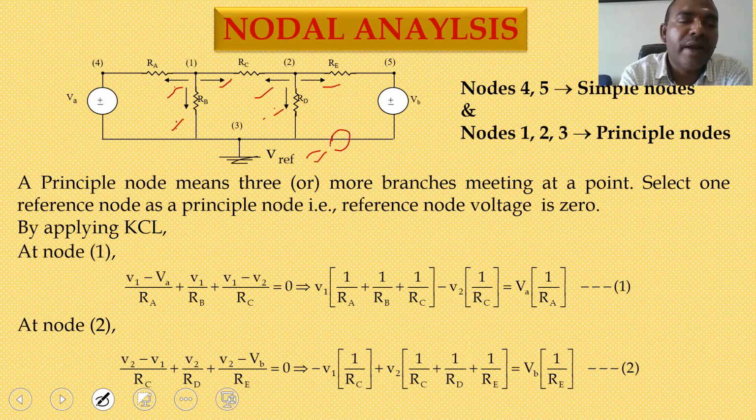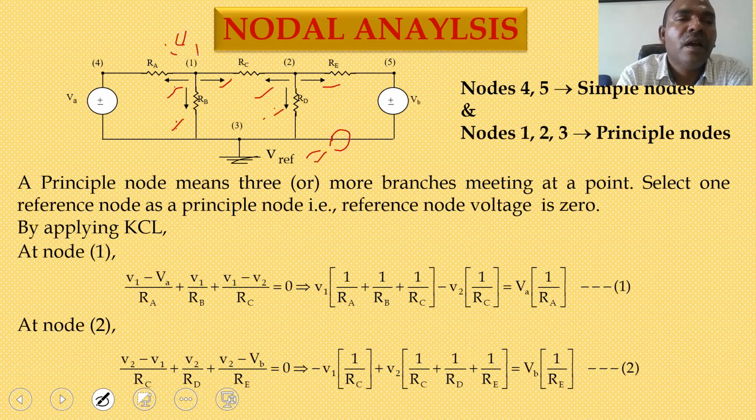So now I am writing the first node equation. Node voltage V1. For this V1, I am writing the expression for Kirchhoff's current law. V1 minus VA divided by RA, that is the first current. Second current, V1 minus V reference by RB. Anyway, V reference is 0, so V1 by RB.